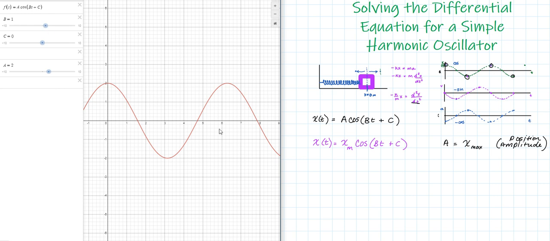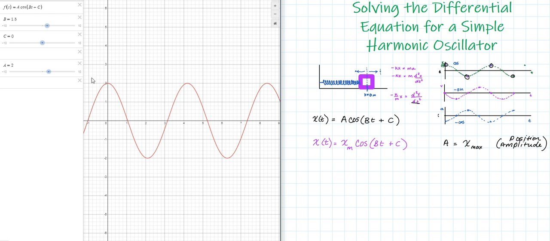A few videos back, we looked at the fact that from one amplitude through equilibrium to the other amplitude and back through equilibrium, once I reach the same point again as where I started, that's considered one full cycle. So a 2 pi radian cycle, and the length of time it takes can also be referred to as the period. In this function, if I shorten it just a little bit, I could maybe get it to be exactly some value.